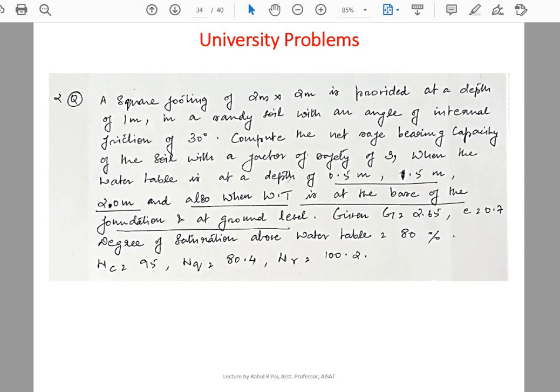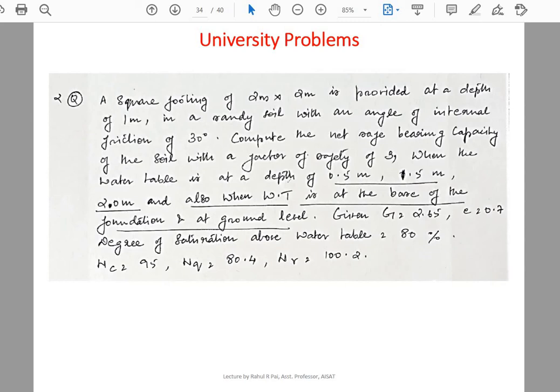So it is not a C soil, you don't have C parameter here. Compute the net safe bearing capacity of the soil with a factor of safety of 3 when the water table is at a depth of 0.5 meter, 1.5 meter, 2 meter from the ground level, and also when water table is at the base of the foundation and at the ground level.